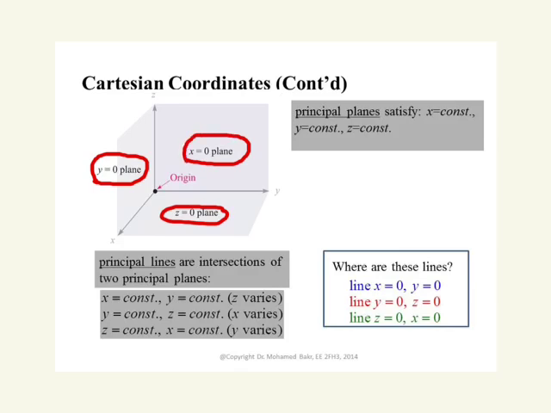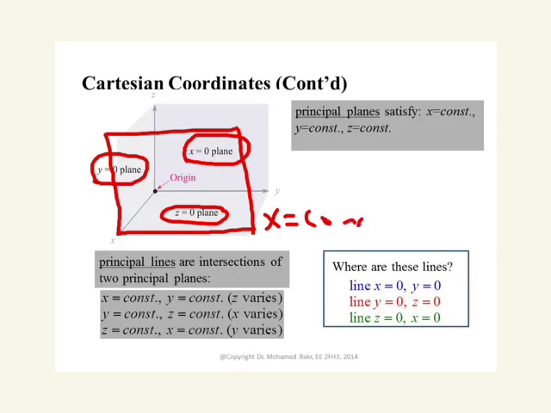And you can get other planes. So any plane x equal to constant is a plane that's parallel to the yz plane, but it's not exactly at 0. So for example, I can draw another plane here. This plane is indeed parallel to the yz plane, but it has a different x. It's a plane x equal to a constant, and so on.